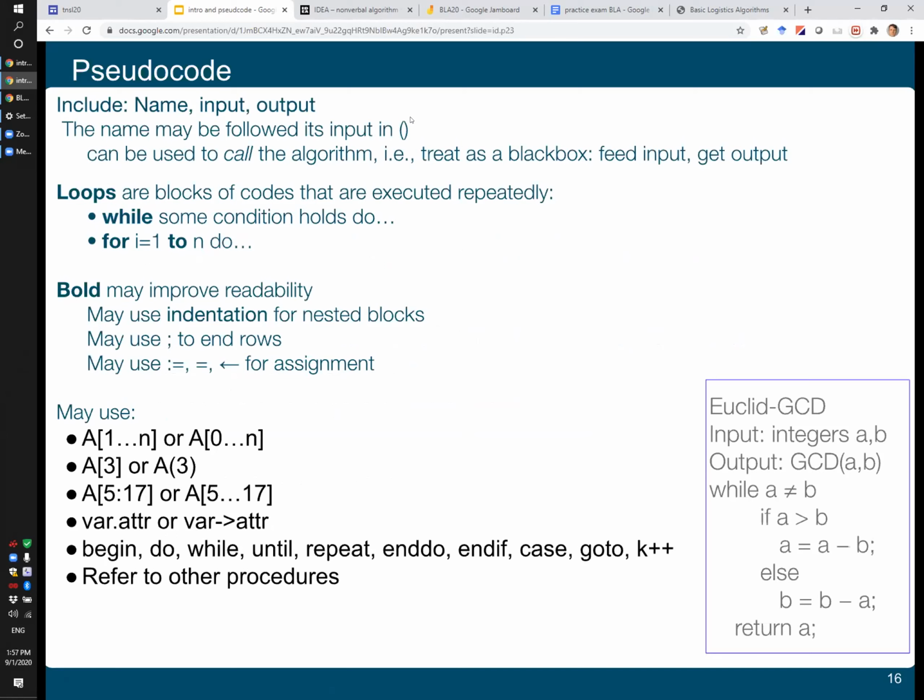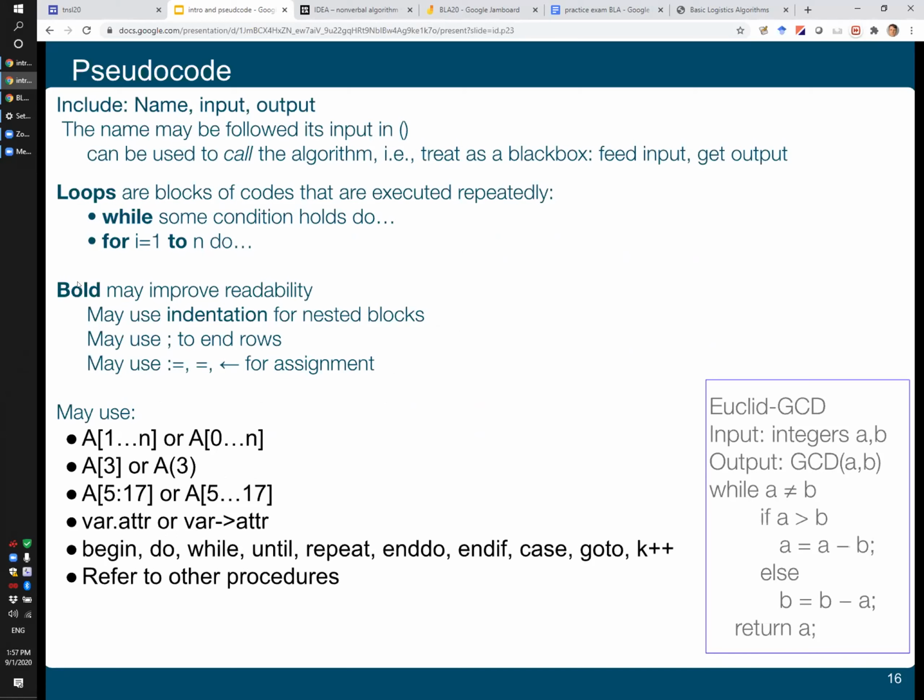The name may be followed by the input to show that this is the algorithm that takes certain things as the input. It should most likely use some loops, while loops, for loops, or other kinds of loops, just like the usual programming languages.